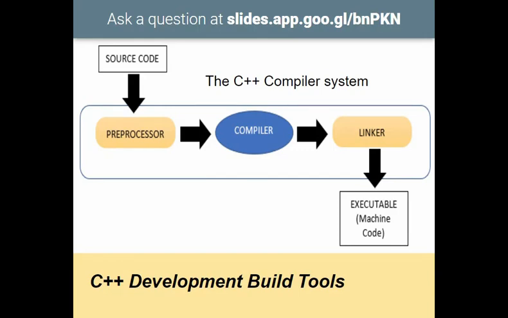Then it will be verified in the linker, especially if you will be using some libraries, and it will check whether they are available or not. Once it is verified, that's the time that the compiler will try to execute your code. So what exactly is machine code?